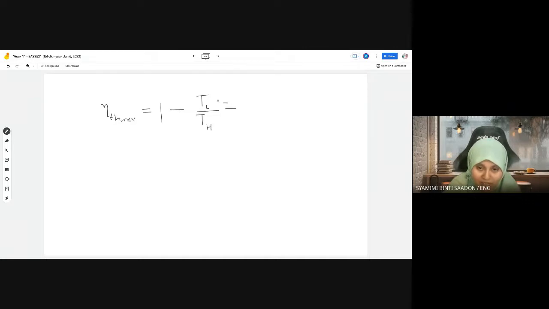No, you have to change it into Kelvin because you are dividing.